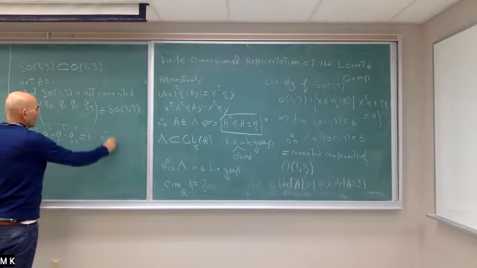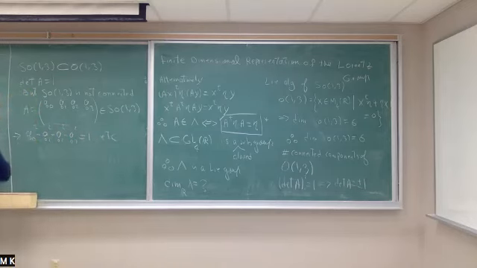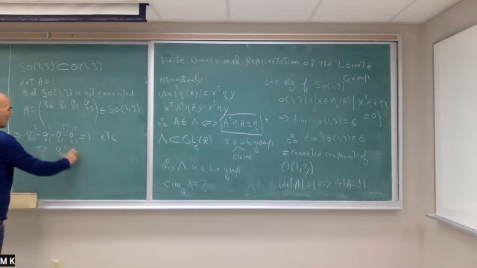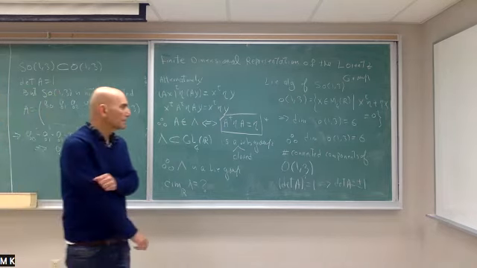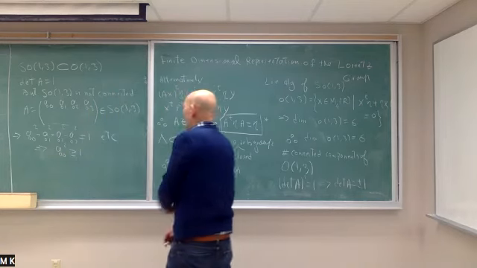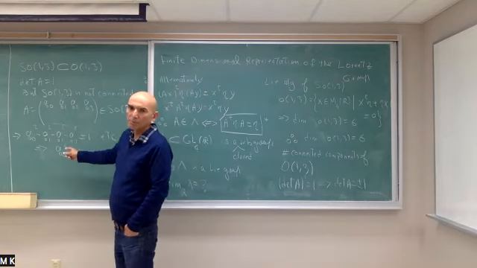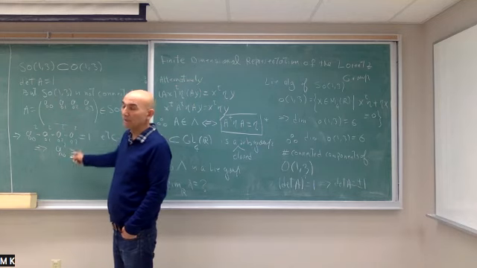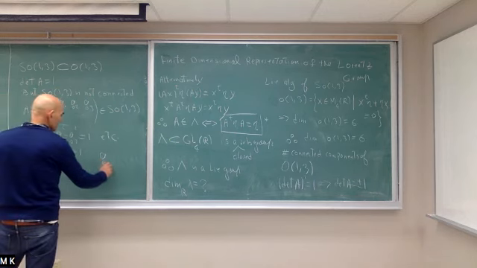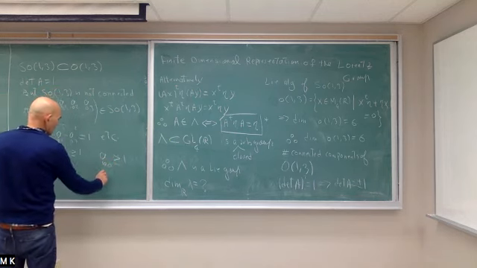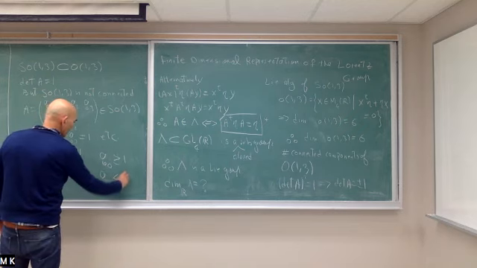There are other equations, but I just focus on this one. From here, of course, it implies that a00 squared is bigger than or equal to 1. So a Lorentz group element always has this top left entry squared bigger than or equal to 1. So there are two possibilities: one is a00 bigger than or equal to 1, the other is a00 less than or equal to -1.